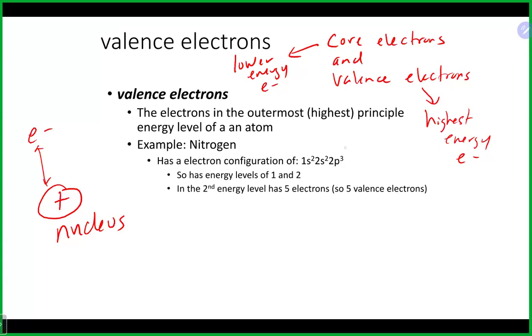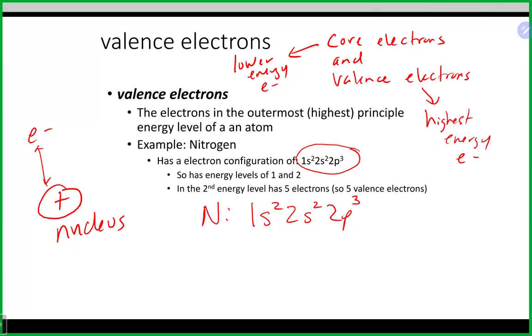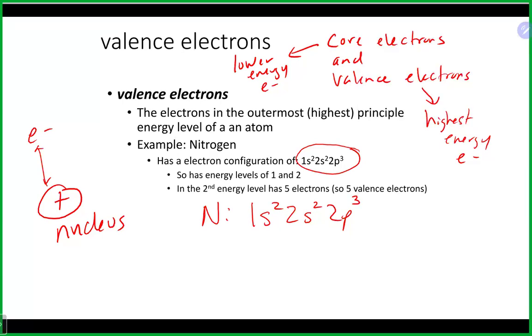This is what is known as electron configuration. For example, the electron configuration for nitrogen is 1s2, 2s2, 2p3, just a preview of what this means.